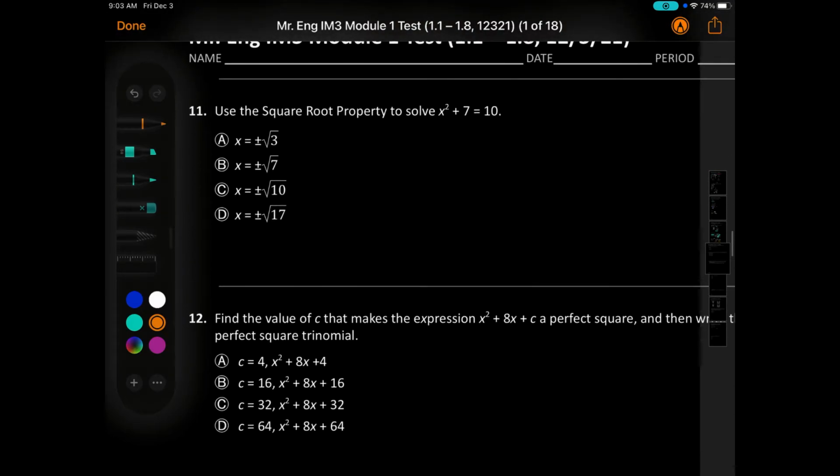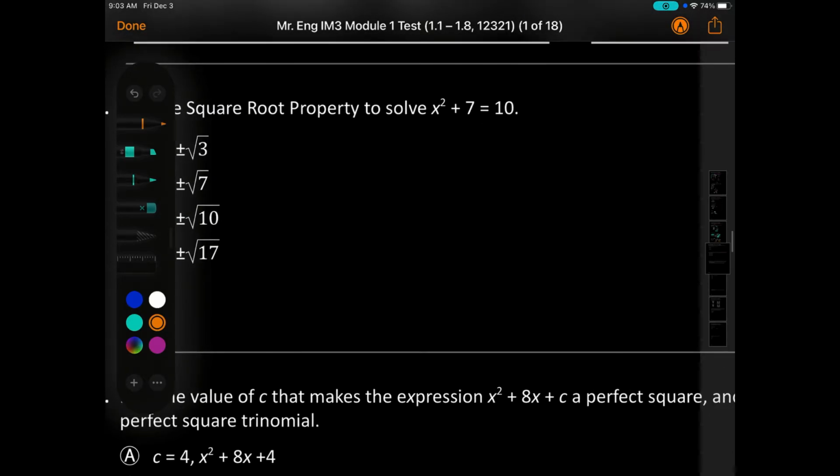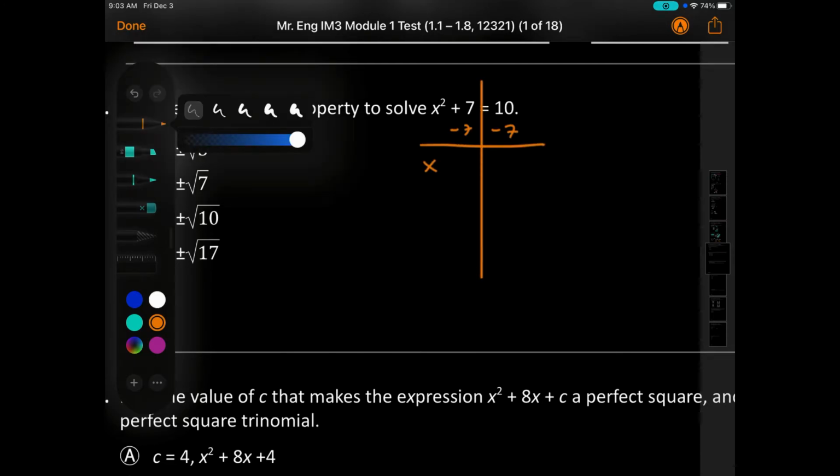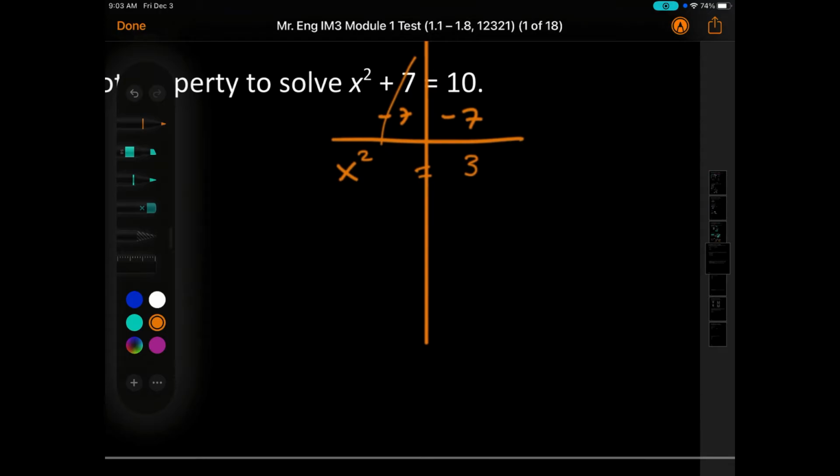All right, question number 11, use the square root property to solve x squared plus 7 equals 10. In this problem, all I have to do is move the c value across the equal sign. And then I get x squared equals 3. So two identical numbers that multiply to be 3.